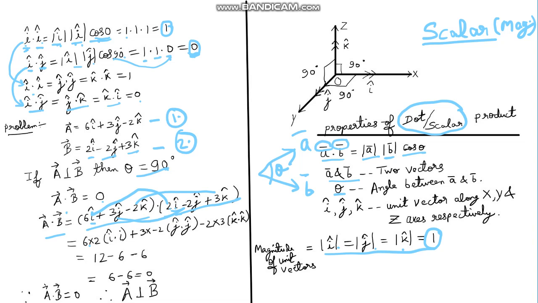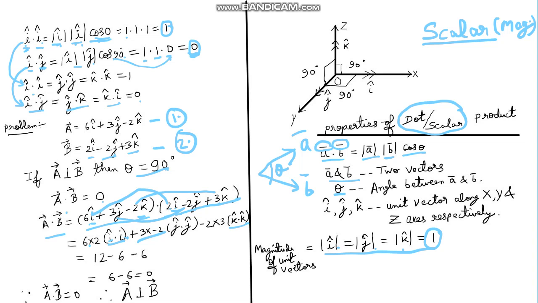So I will take only the same unit vectors while taking the product. So 6 into 2, 12, with i dot i being 1. I will not take i dot j, it is a waste of time. Here 3 will be multiplied with minus 2, with j dot j, and minus 2 will be multiplied by 3, with k dot k.